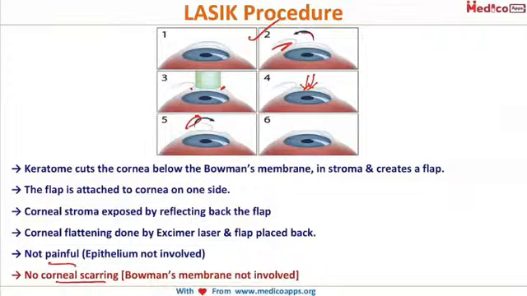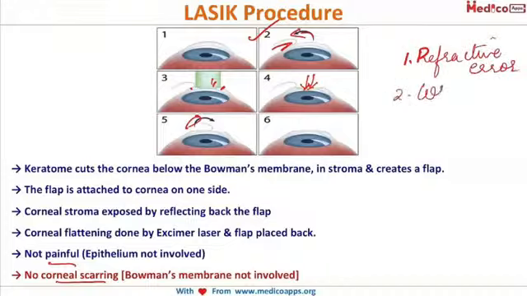First you create a flap and you ablate the stroma. The stromal thickness, how much it should be ablated, is decided based on number 1 the refractive error and number 2 the corneal thickness. These two decide how much of the stroma you're going to ablate. Okay, then again the flap is placed back in its anatomical position.